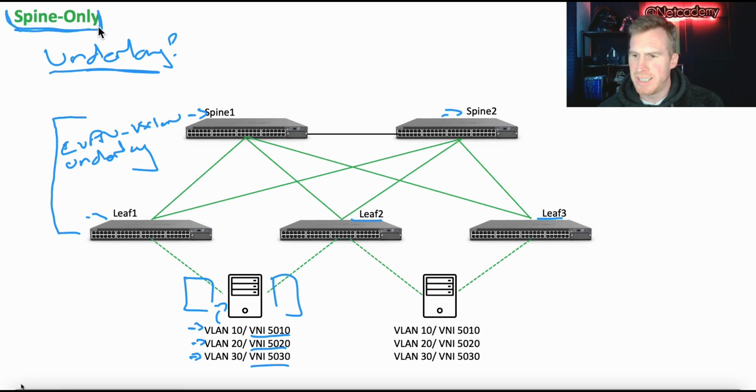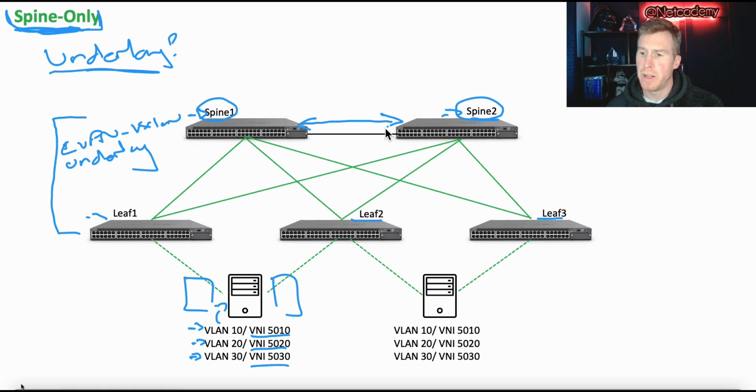Well, the answer is actually in the title: spine only. It is only on the spine devices where we've got that EVPN-VXLAN tunneling. Let me break that down a little bit more. You can see there's a connection running from spine 1 over to spine 2.